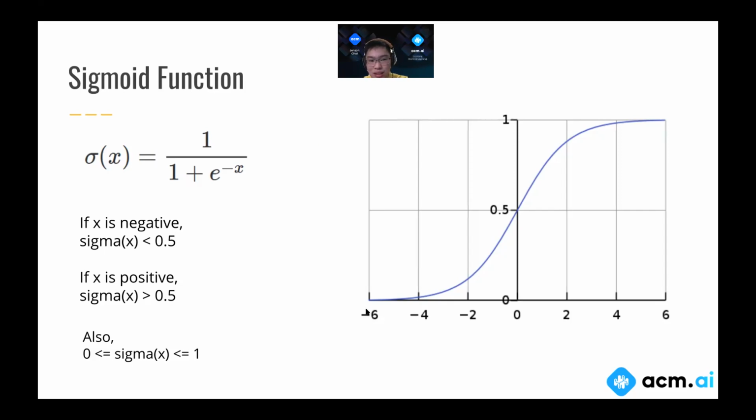So sigma kind of represents the probability. So if it's less than 0.5, we're going to classify it as not going to rain, and vice versa. If this function is positive, then we're going to classify it as going to rain because it's more likely to rain than not.